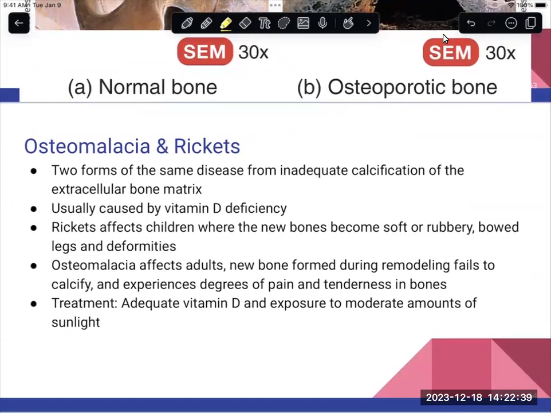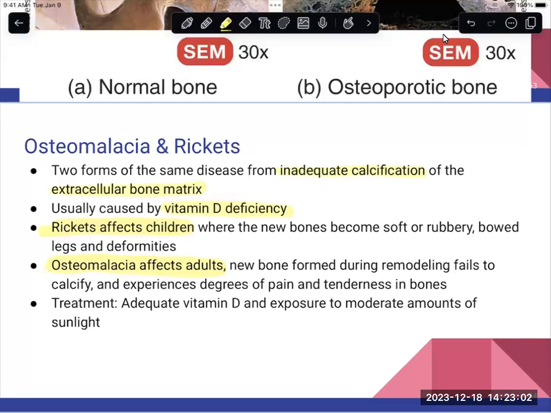There's some other diseases out there. Osteomalacia and rickets. Rickets affects children. Osteomalacia affects adults. It's the same thing where they have an inadequate calcification of their bone, and it's a vitamin D deficiency that is causing it.